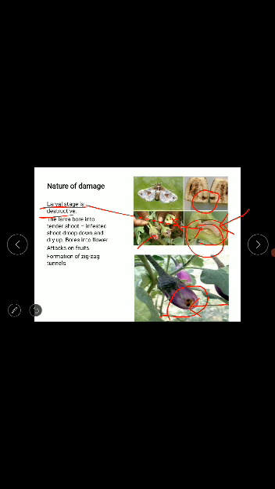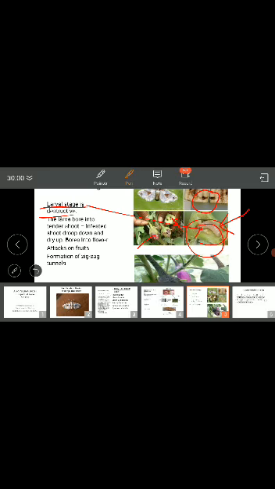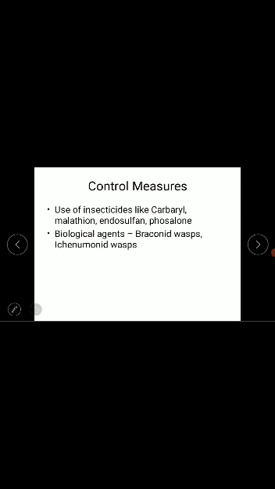Okay. Now next to the nature of damage we study the control measures. The affected fruits and the drooping shoots containing the caterpillar inside them, we are going to cut off and destroy. So this is the cultural method; we are directly cutting the infected portion.